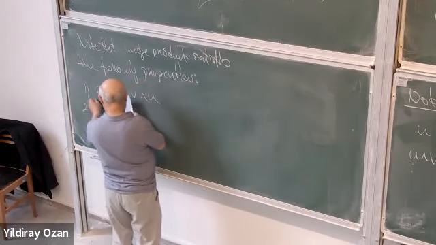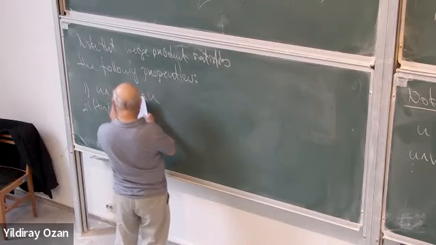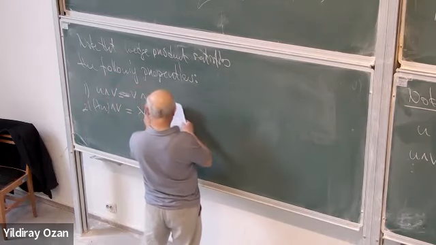Second, lambda U wedge V is lambda times U wedge V.